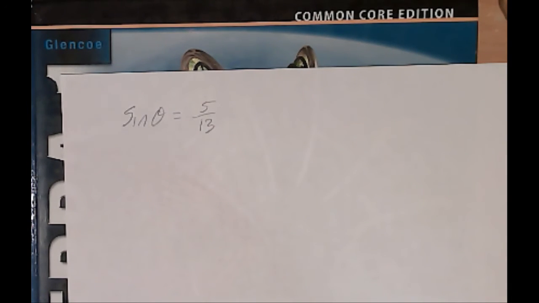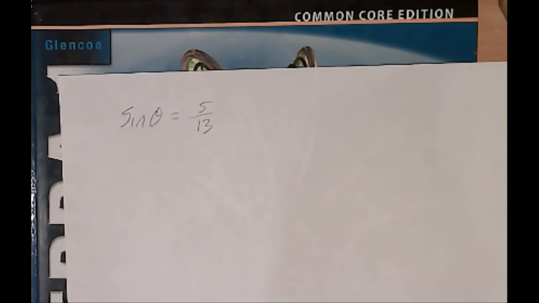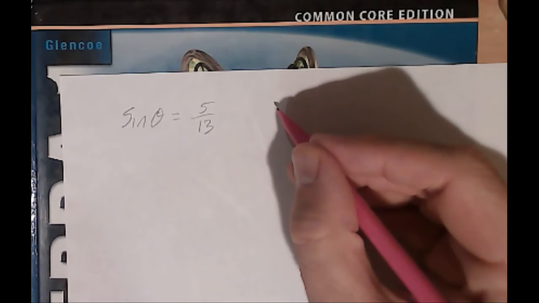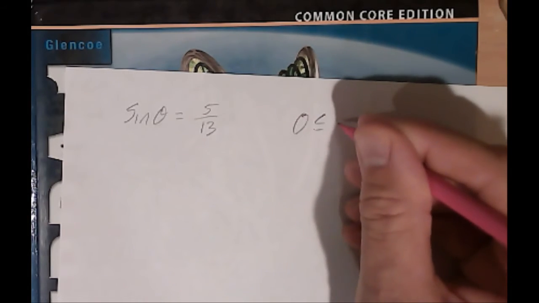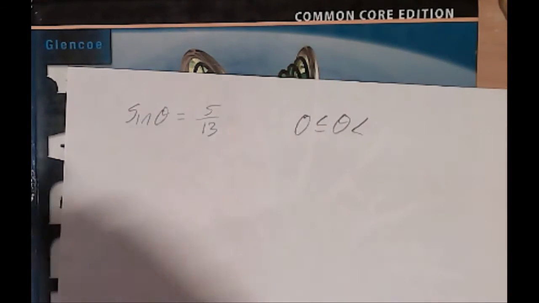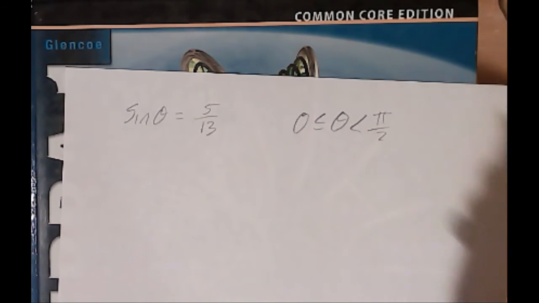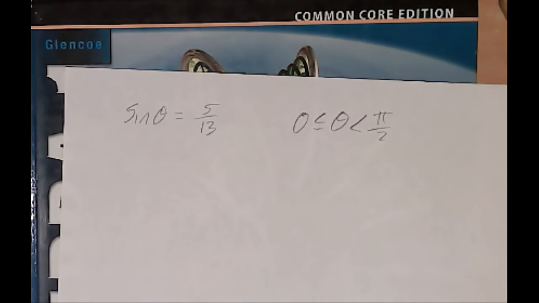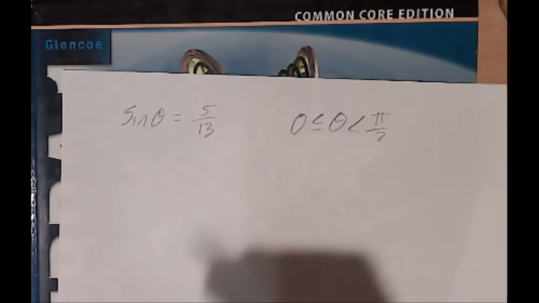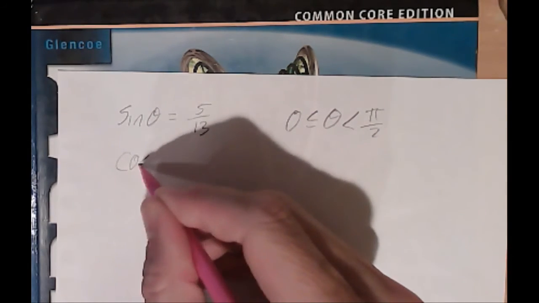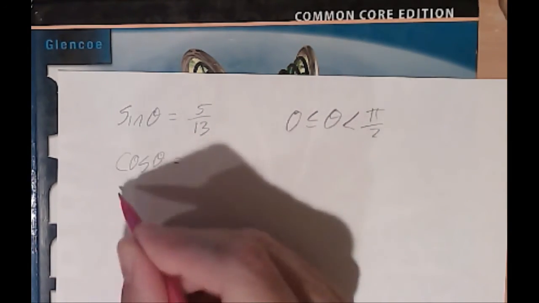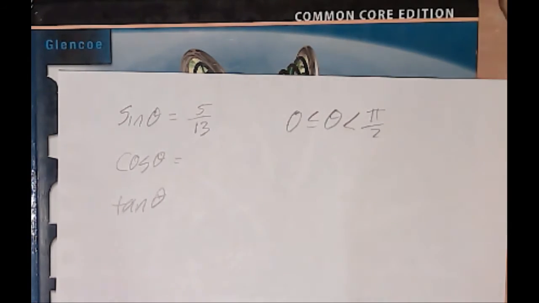That sounds awful, but let's do it. Sine theta is 5/13, and we know that theta is between 0 and pi over 2. So pi over 2 is 90 degrees, so we're looking at the first quadrant here, and we want to find cosine of theta and tangent of theta.